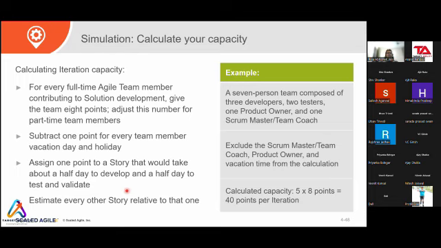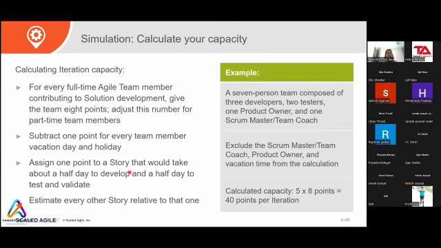So you have 8 points. For every full-time Agile team member, give them the 8 points. If it is a part-time team member, then adjust it accordingly. Subtract 1 point for every team member vacation day and holiday. If there is a vacation day or holiday, subtract 1 point.